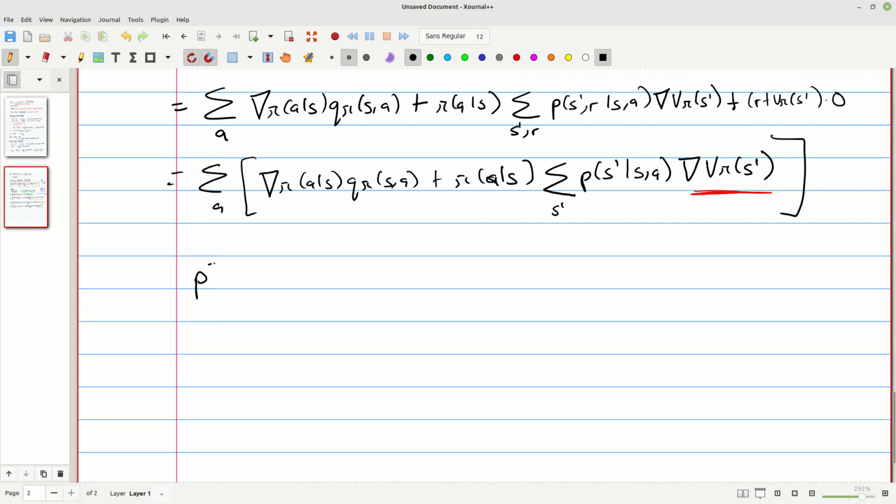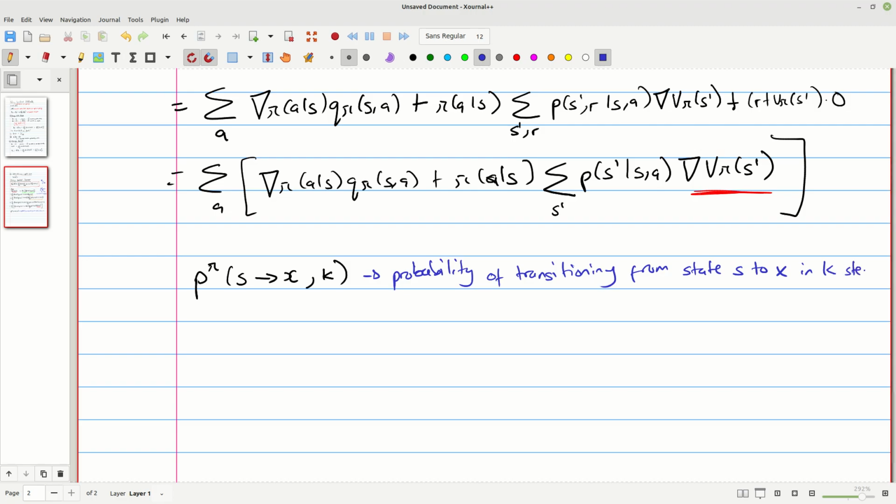Let's say we're given p pi(s to x, k), and we define this as the probability of transitioning from state s to state x in exactly k steps.